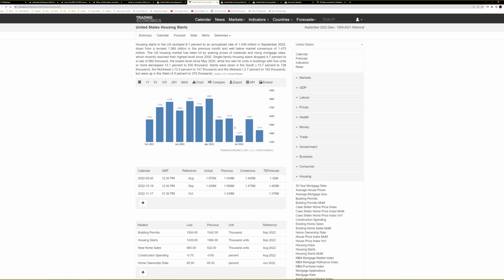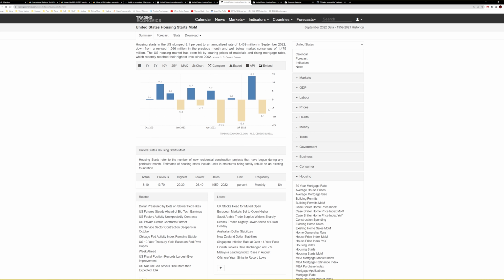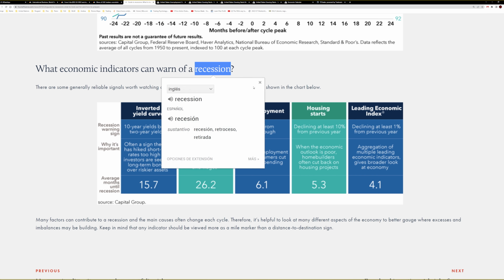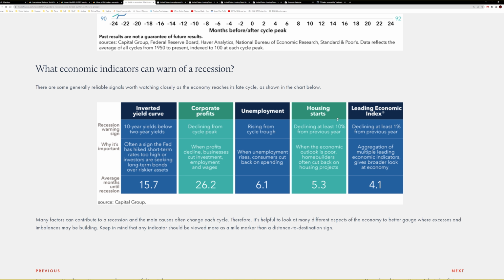Since April, we are starting to see housing starts go lower, and month over month we are seeing more and more decrease in housing starts. So that's good for the current situation, but again, we are worried about a recession. When the economic outlook is poor, home builders just cut back on housing projects.